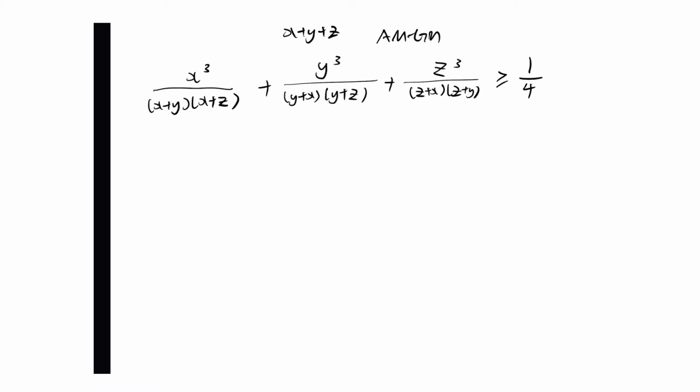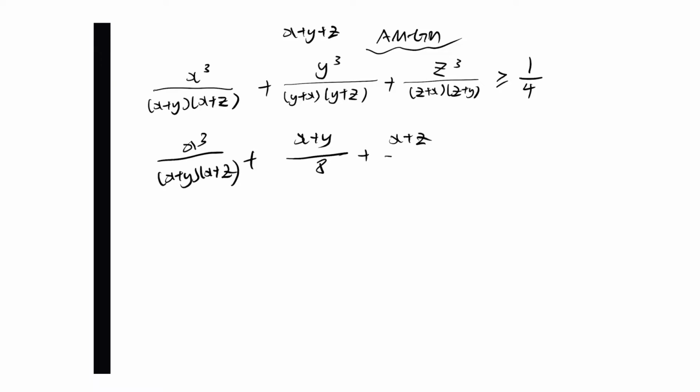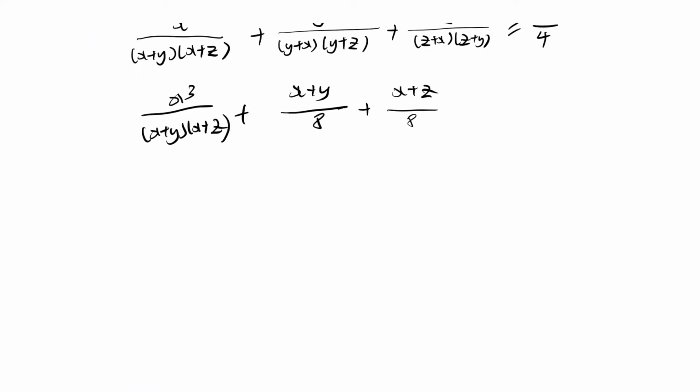And here, consider x cubed over (x plus y) times (x plus z), plus (x plus y) over 8, since we know these denominators look very annoying, and we want to use the AM-GM to cancel them out. If you're familiar with it, this will be simply larger or equal to 3 times the cube root of x cubed over 64, which is simply equal to 3x over 4.